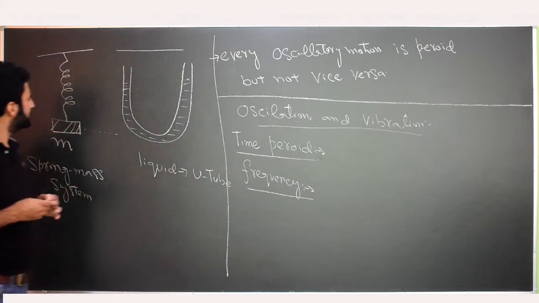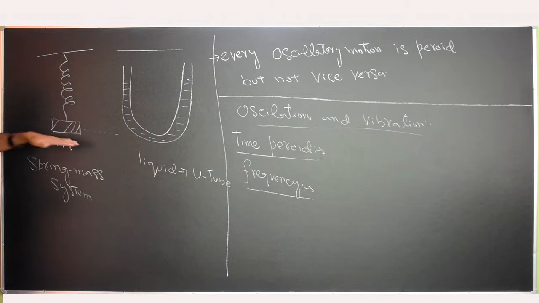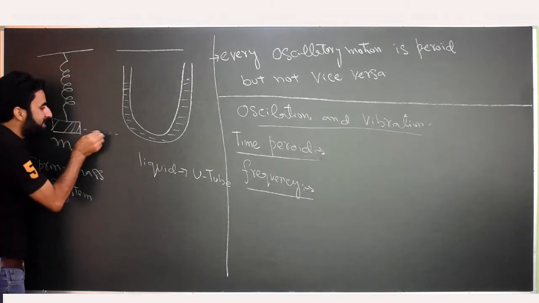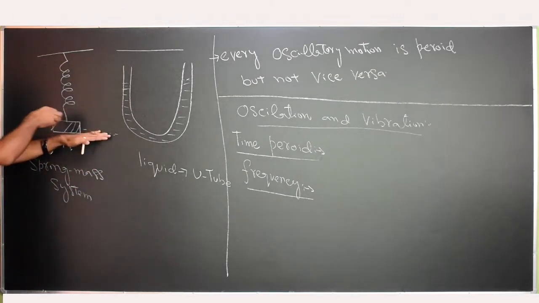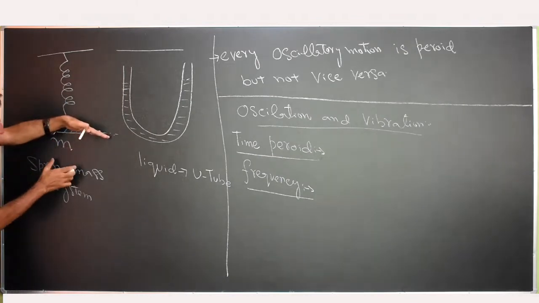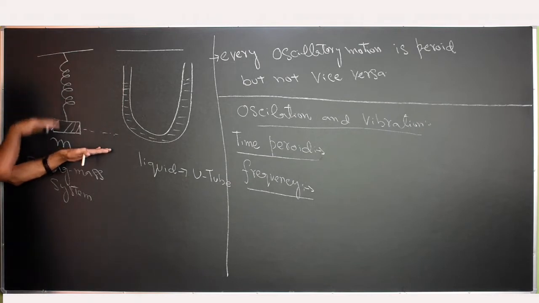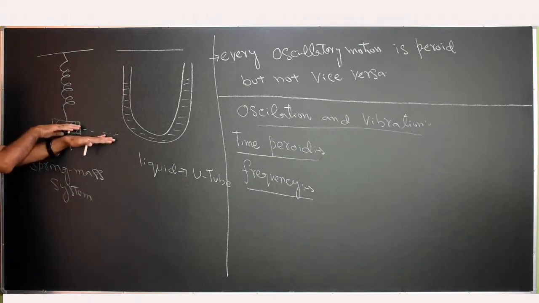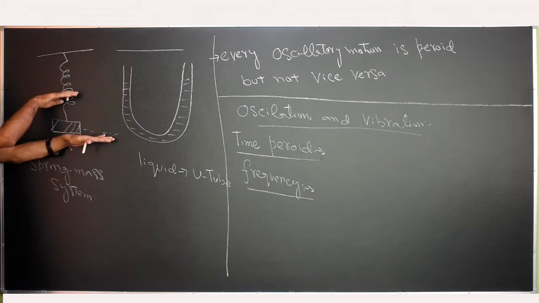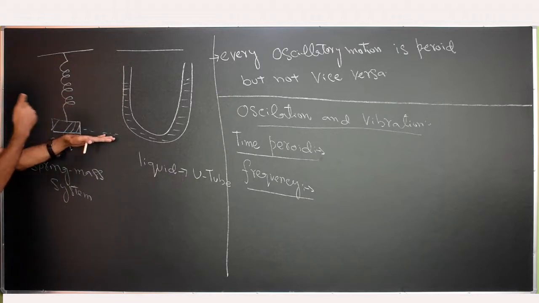Now time period. Suppose we are talking about the spring mass system. I am taking this point as the reference. Once I have stretched this mass and released it, the mass is undergoing oscillatory motion. Once the mass goes up here and starts to come down, the position from where it starts to come down is known as the extreme position.